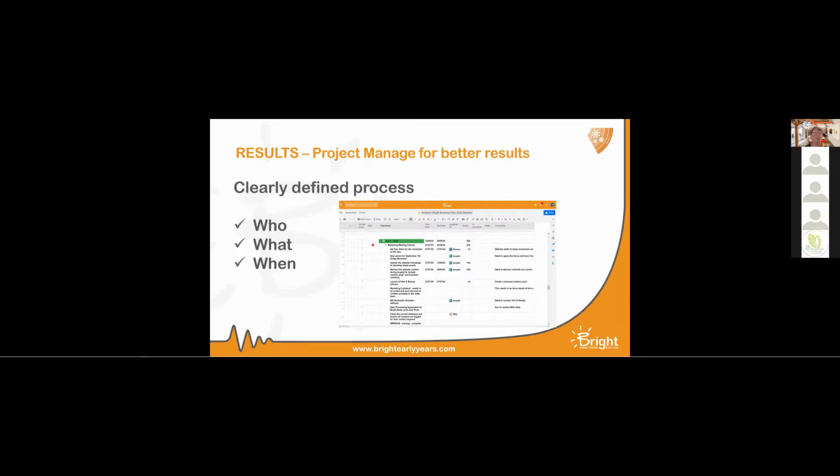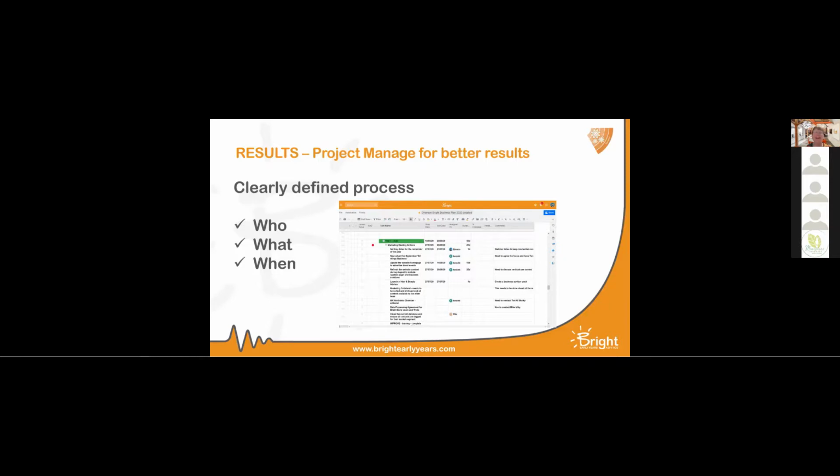If you want to make some change or integrate better systems, we've got to define quite clearly who is responsible and in charge of this. And as I always say, just because you're responsible and in charge of something doesn't mean you do it all, but you're responsible for making sure it's all done.